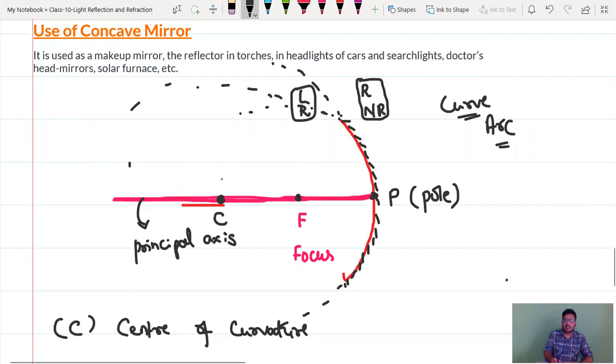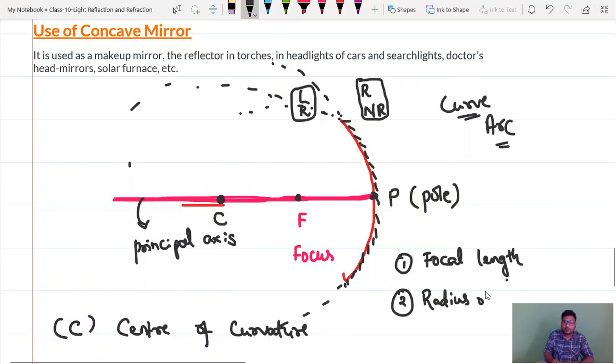Next, guys, you have to understand two things. Number one, focal length. Number two, radius of curvature. What is meant by focal length?